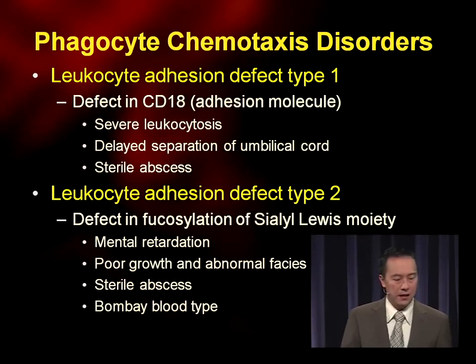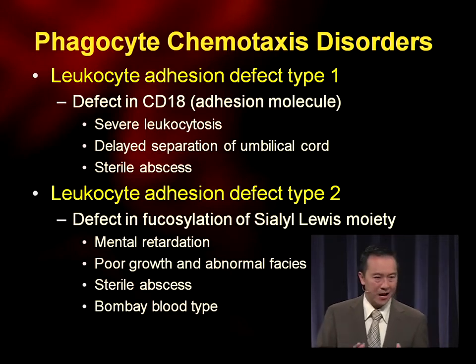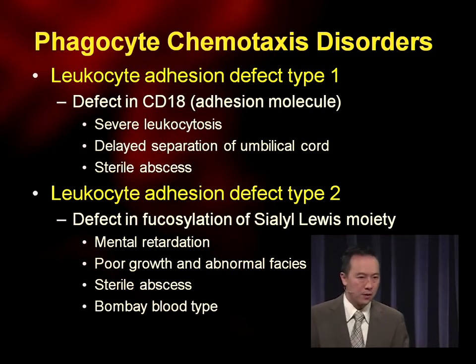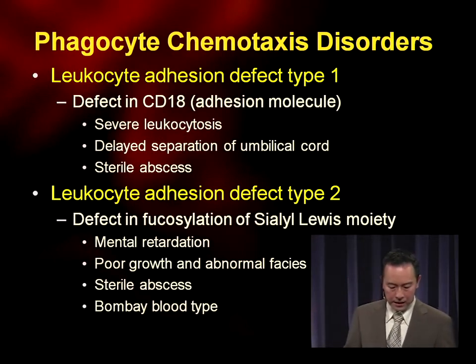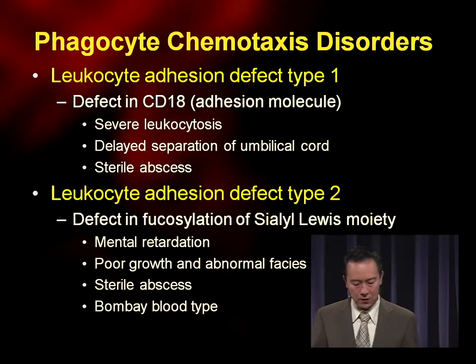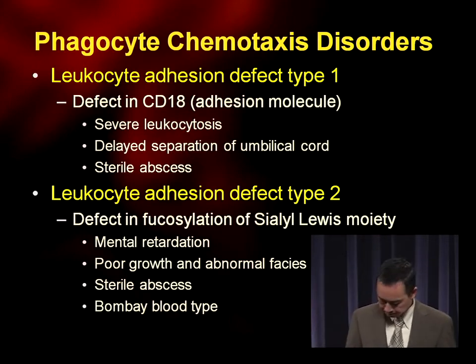This is a defect in fucosylation of the Sialyl-Lewis X moiety. Basically, it involves the rolling of neutrophils, and if they can't slow down and roll, they can't get to where they're supposed to go, and you have similar sequelae. In addition, these patients will also have abnormal facies, poor growth, mental retardation, and again, the sterile abscesses.